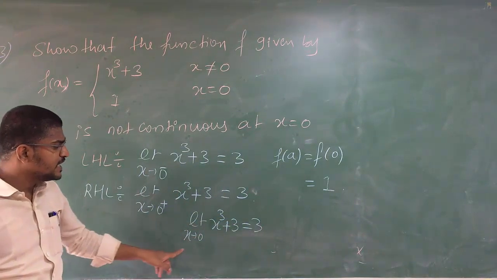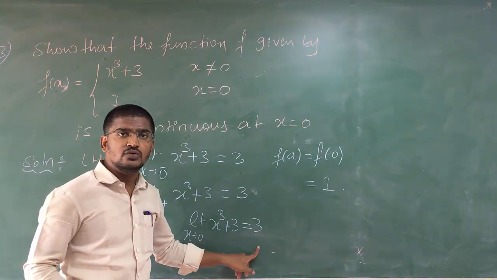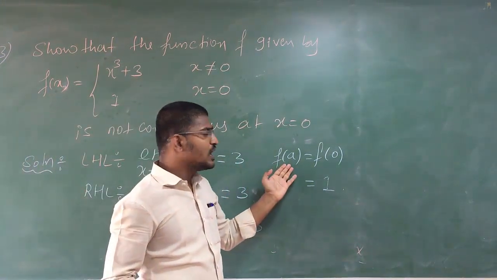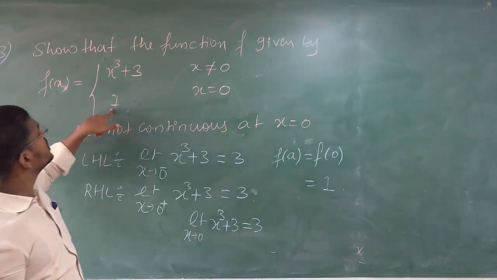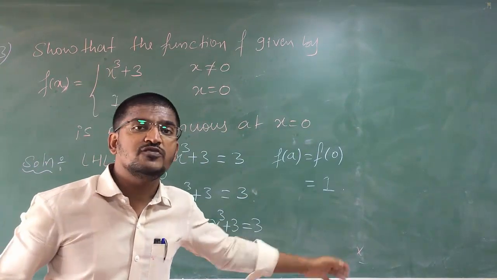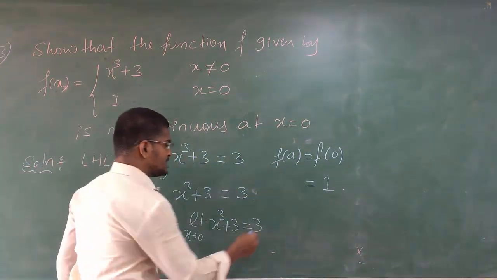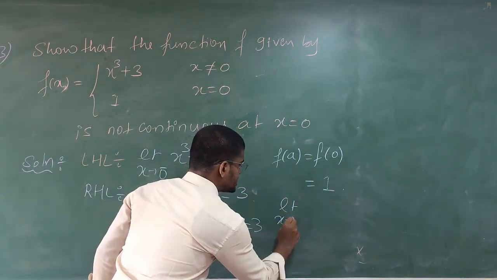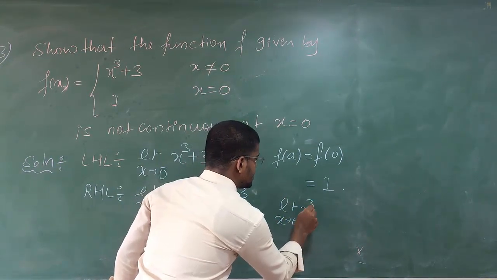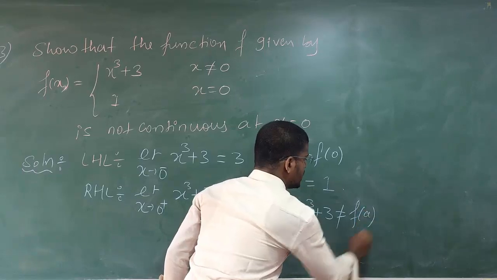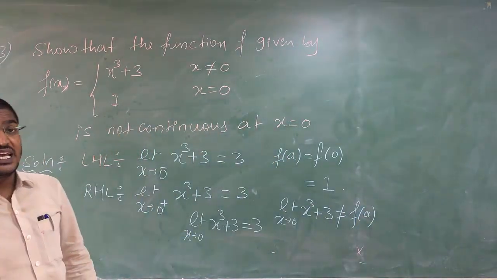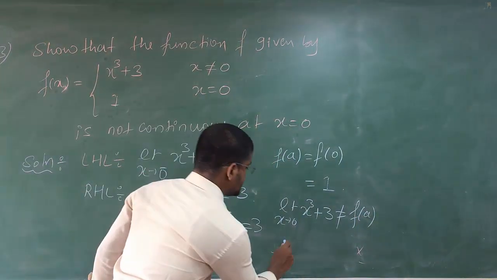That means the limit as x tends to 0 of x cube plus 3 equals 3. But f of a, where a value is 0, f of 0 is given as 1. Hence, the limit of x cube plus 3 is not equal to f of a. Therefore, it is not continuous.